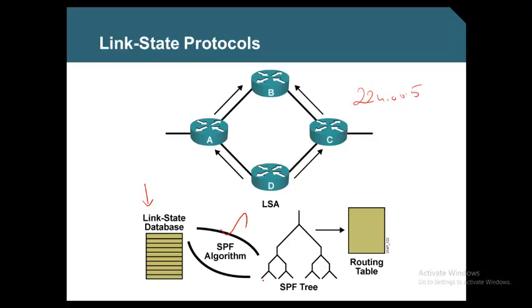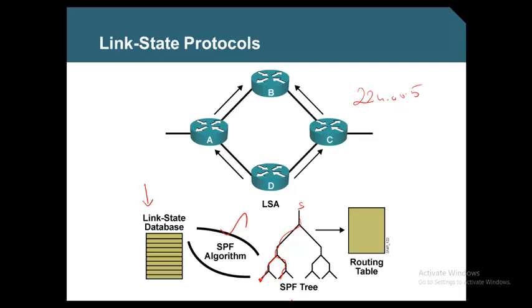Let's say this is the source, to go to this destination, this is the shortest path. It won't try to take any other direction. Likewise, to go to this point, it will take this direction.